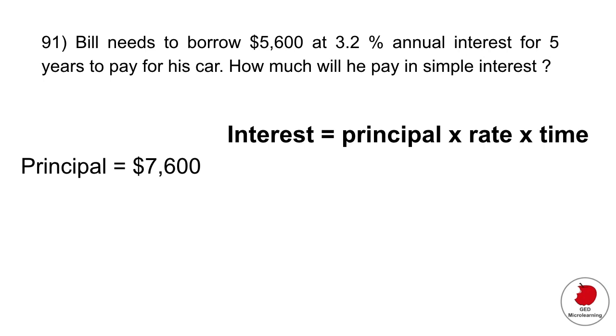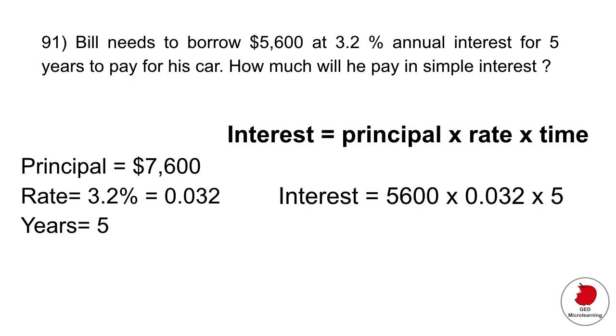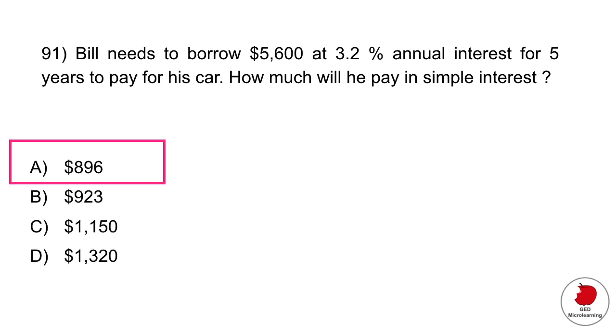My apologies. The rate is 3.2% or 0.032 if we change it to decimals. And then the time is 5 years. Okay, so you would take those numbers. And again, the principal is 5,600, not 7,600. And multiply everything together. And that gives you a total interest of 896, which is option A.